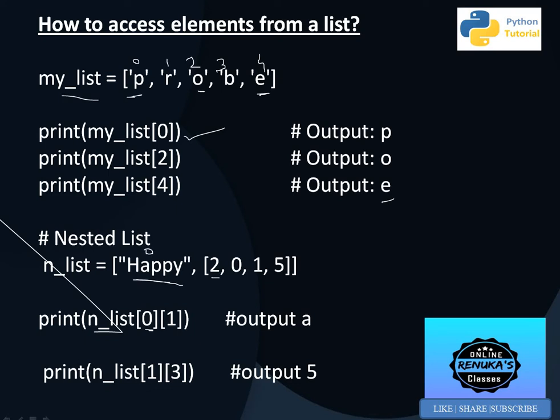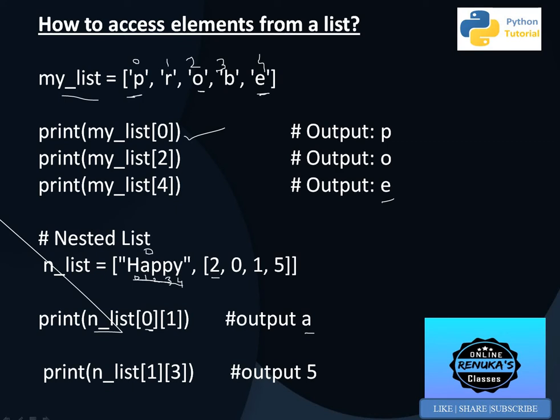Now the first element itself is a collection of characters, so from them this is the nested list indexing 1 2 3 4. So for the 0 element, the next first element is A, so it is showing A. So the first index is for the element of the list and the second index is for the element inside the list.